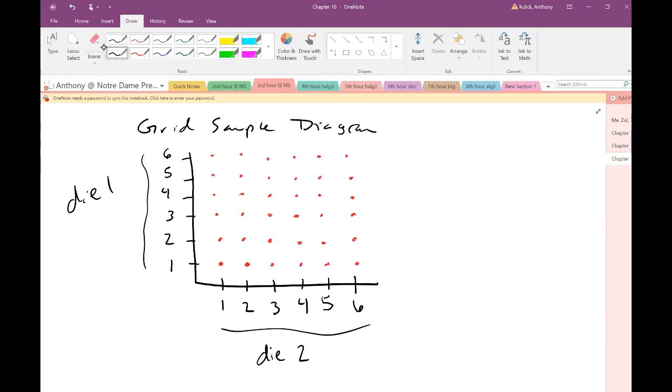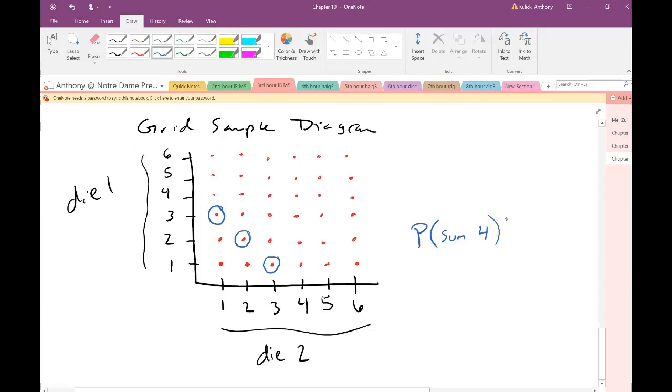So, what is the advantage of this particular setup? What if I ask the probability of rolling the 2 die so that the sum is 4? Well, that could happen with a 3 and a 1, a 2 and a 2, or a 1 and a 3.